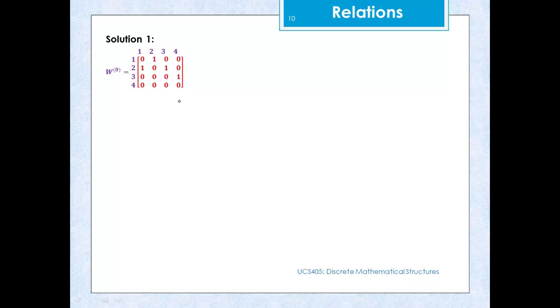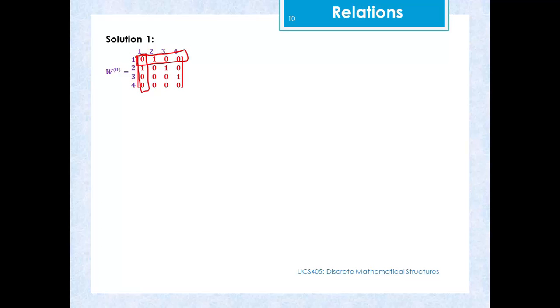Now for calculating W1, what we have to do? For W1, k equal to 1, so that means we have to consider row 1 and column 1. What we have to see is we have to find out all the entries of 1 in column 1 as well as in row 1.